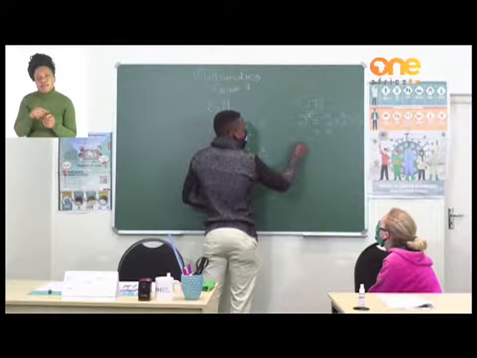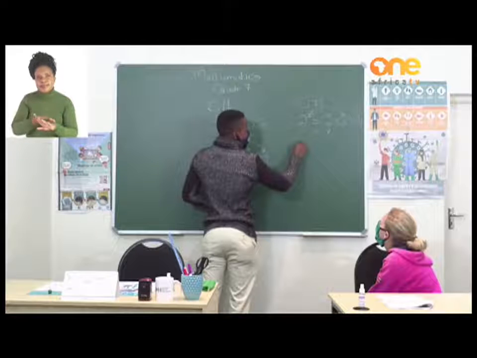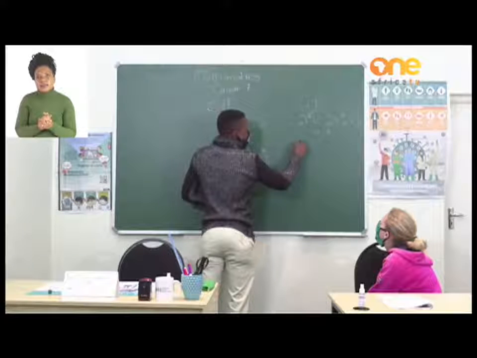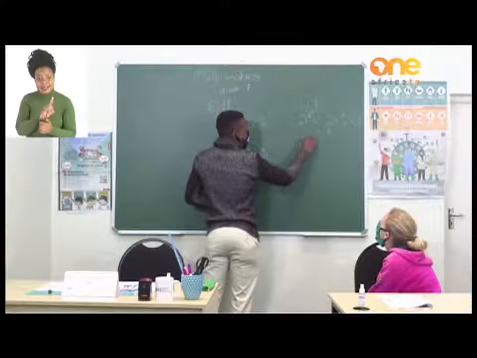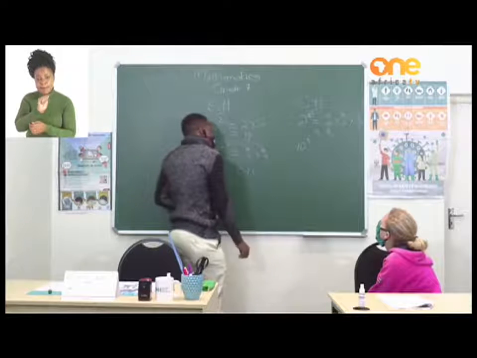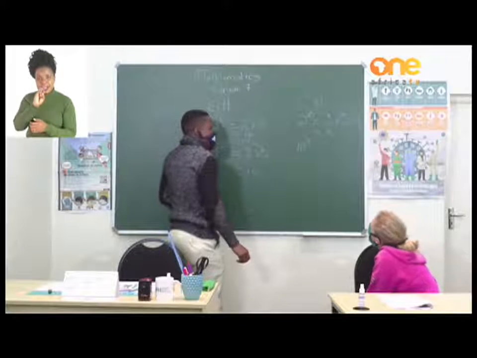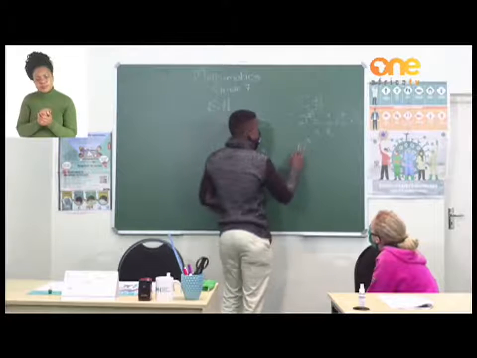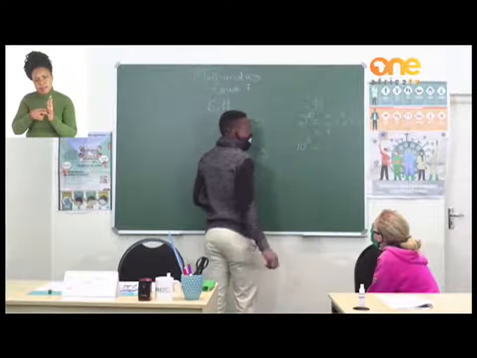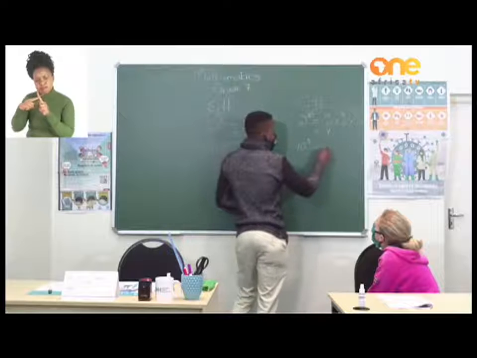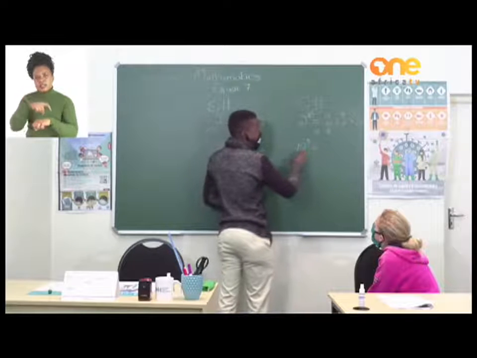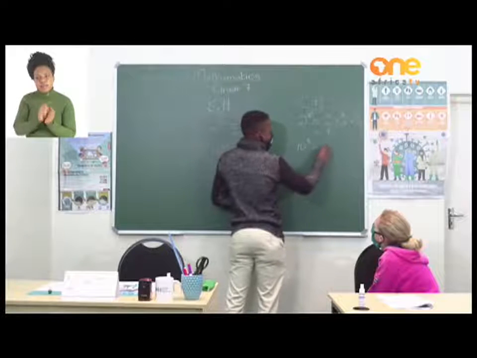We can also use the number, for example, 10. 10 to the power 3. If you look at that number, we have to multiply 10 3 times. 10 must appear 3 times.